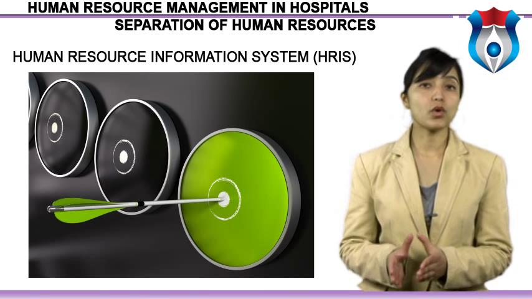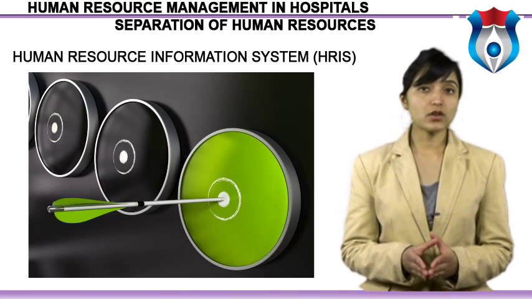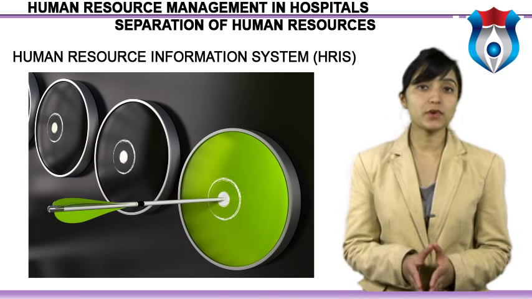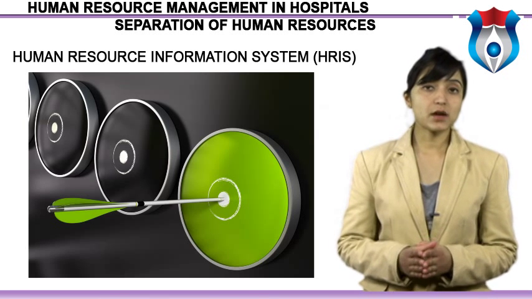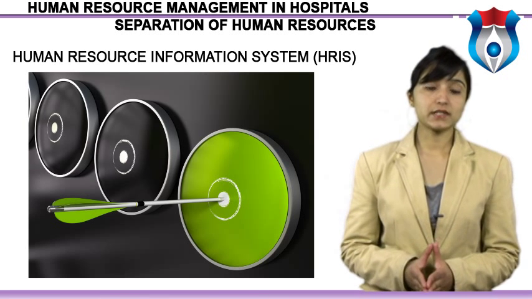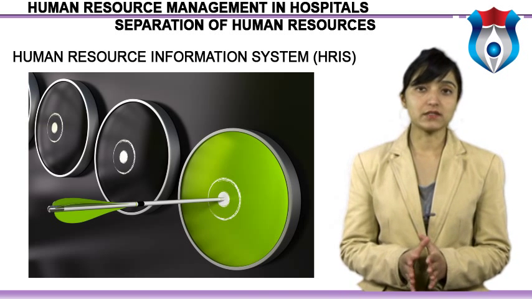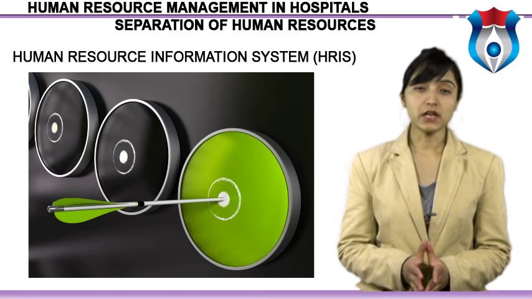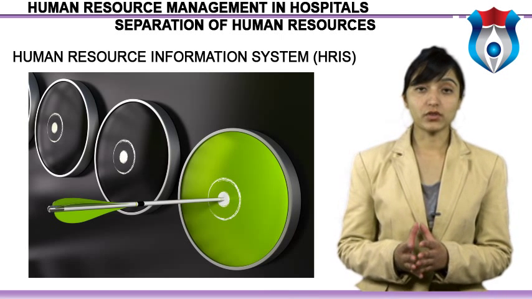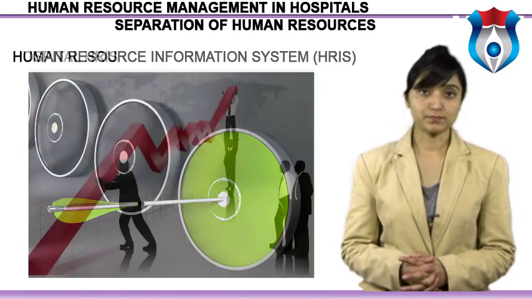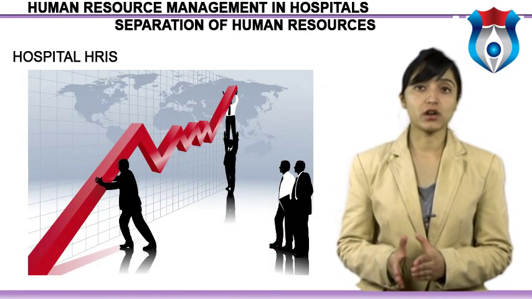Information pertaining to all human resources is incorporated into the computer system as far as possible in numerical form. These numbers can then be manipulated by the HRIS to provide the type of information needed for planning and controlling, decision making or preparing reports about all operational functions of HRM. Hospital HRIS.